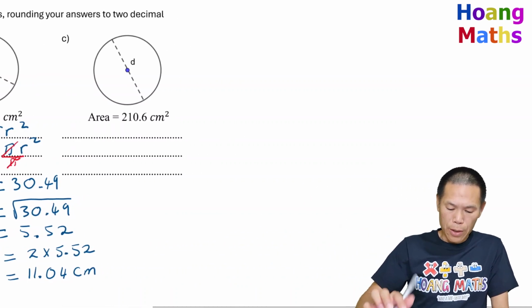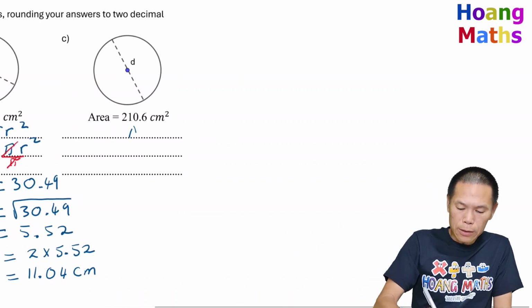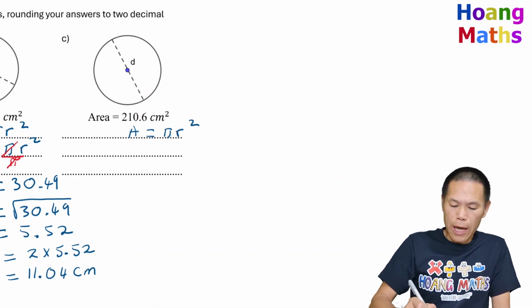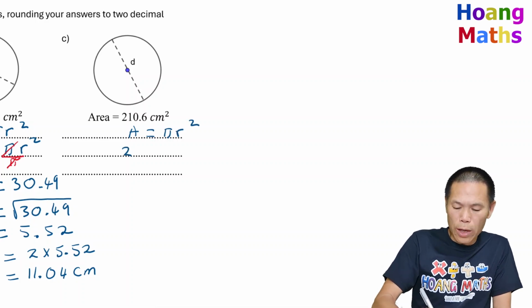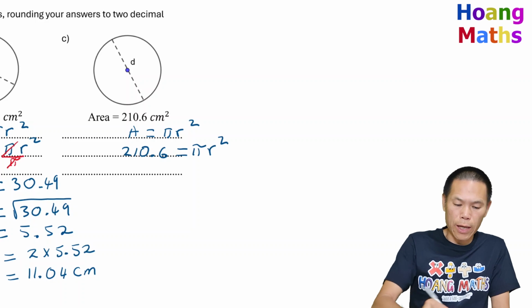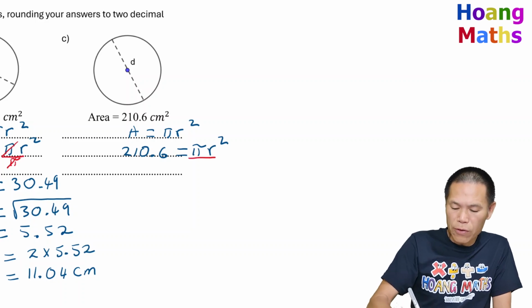Part D. Again, area is pi r squared. And we know that the area is 210.6, which is equal to pi times the radius squared. So now I just get rid of this pi and I have to divide by pi on this side as well.